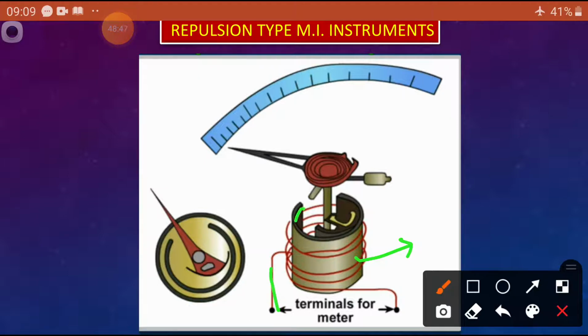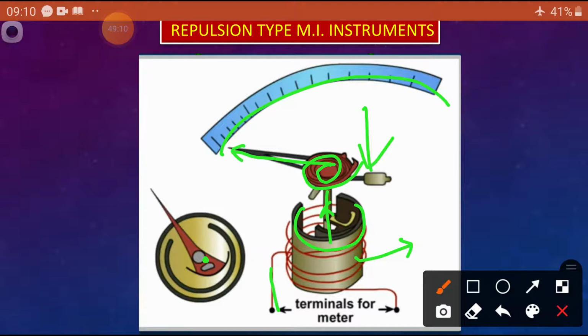It is cylindrical, and you can see the top side plan. This is connected to the spindle. The spindle is attached to the controlling torque and also the pointer, on the calibrated scale, similar to everything else.